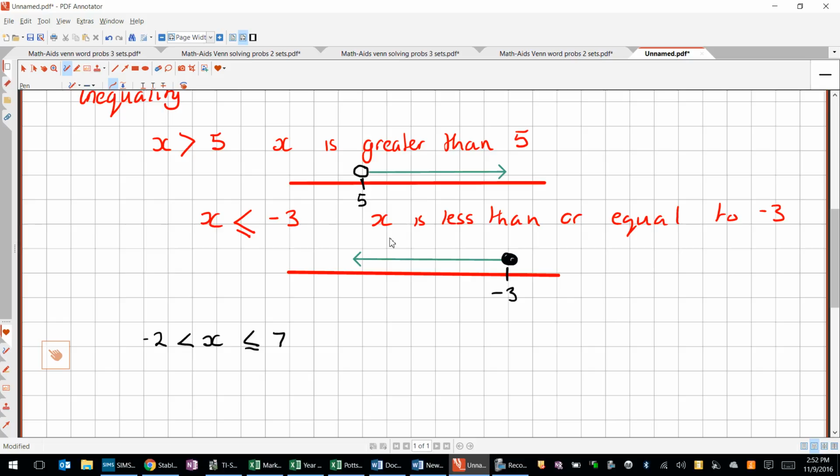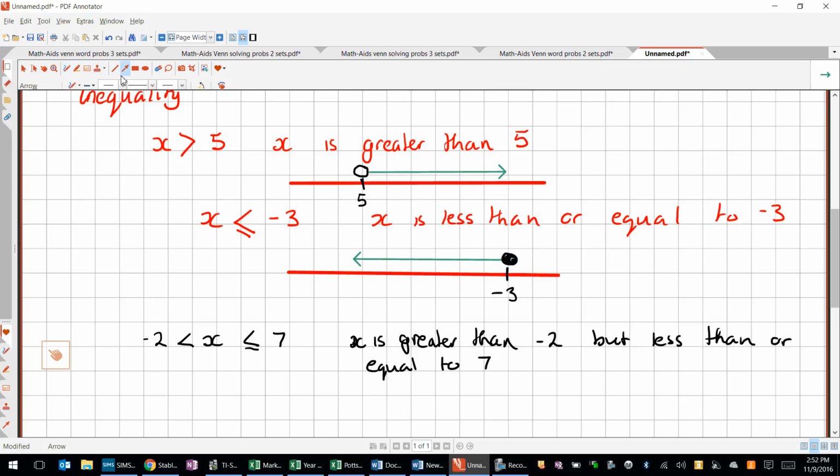So X is greater than -2, but less than or equal to 7. So we can now put that on a number line.